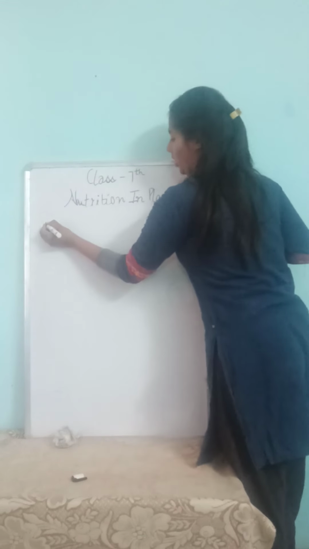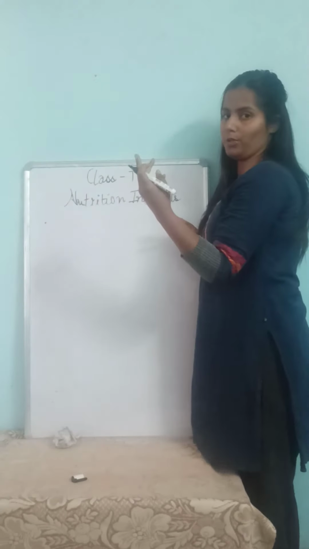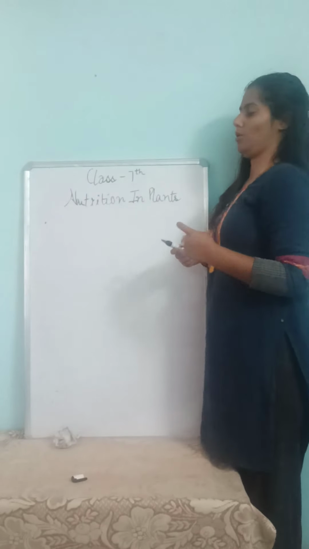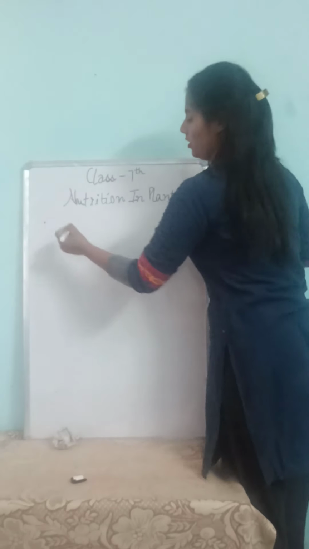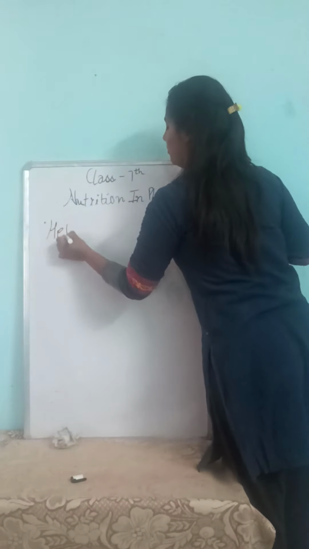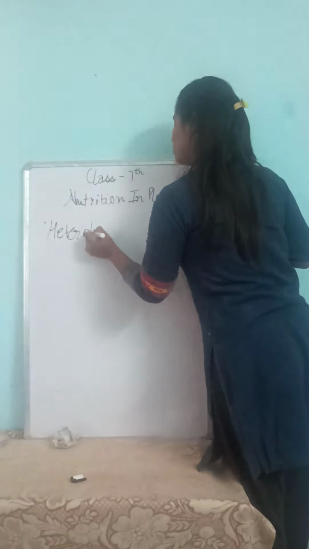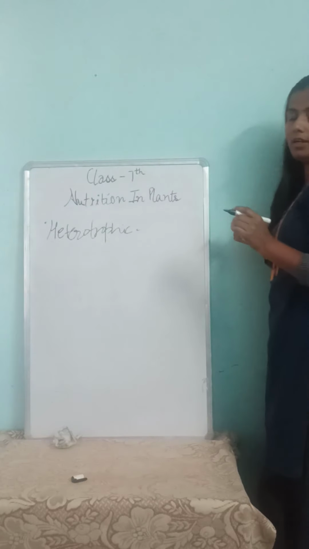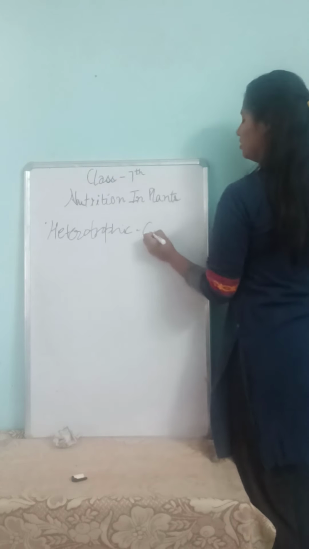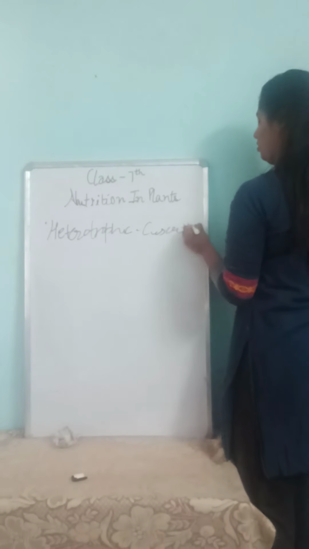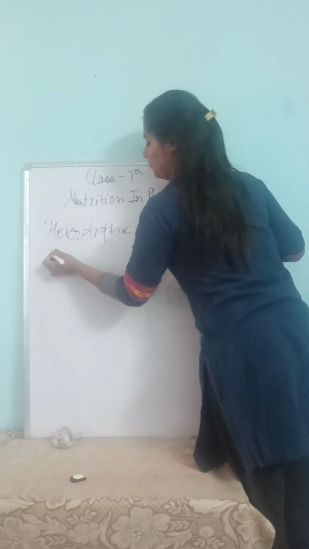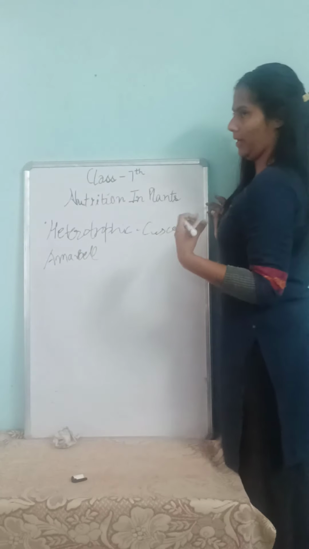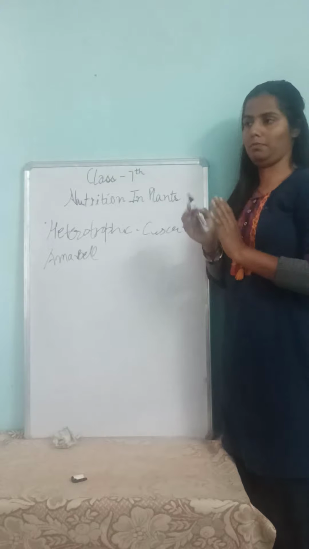Earlier we said there are two types of nutrition: first is autotrophic and the second is heterotrophic. In heterotrophic nutrition, there is an example in your NCERT book of cuscuta, or amarbel, which climbs on the other part of the plant.